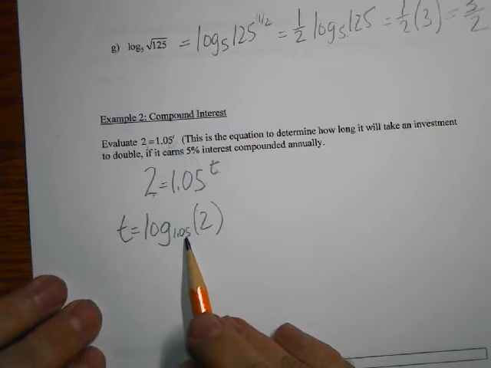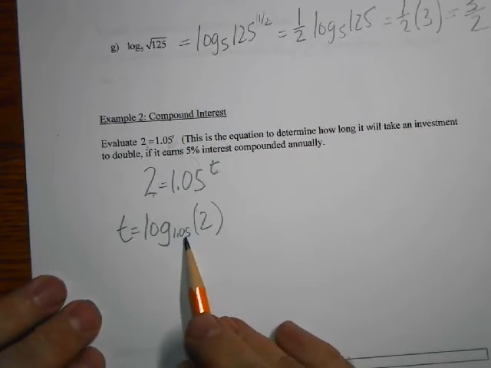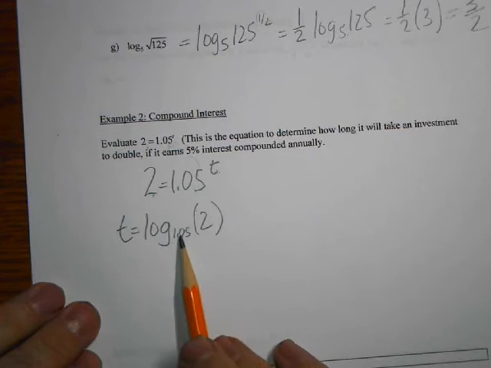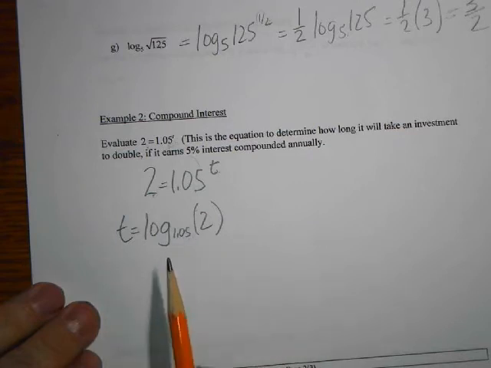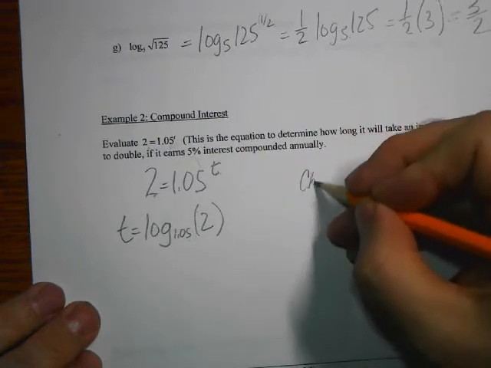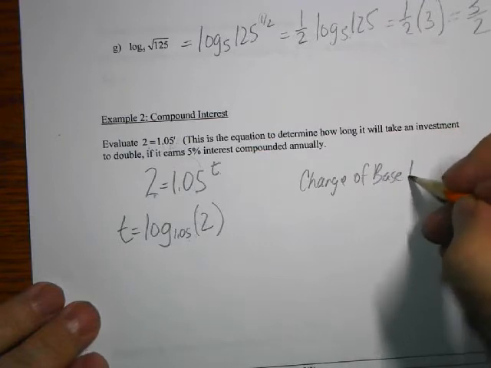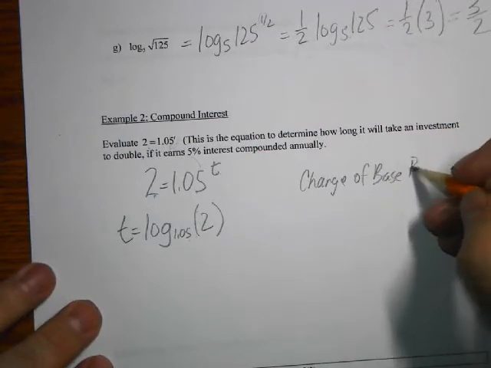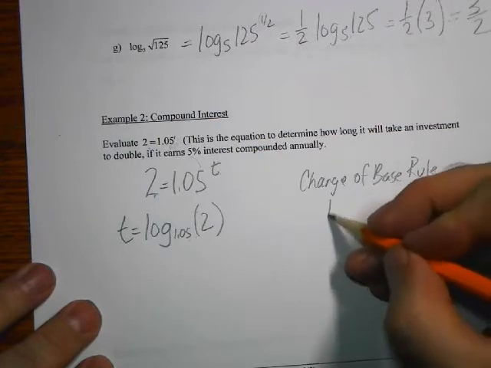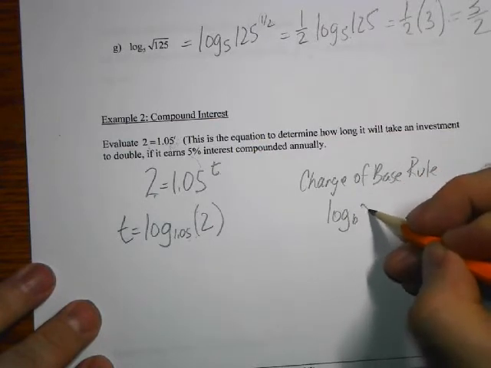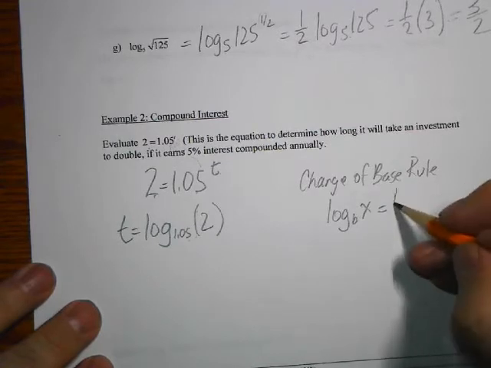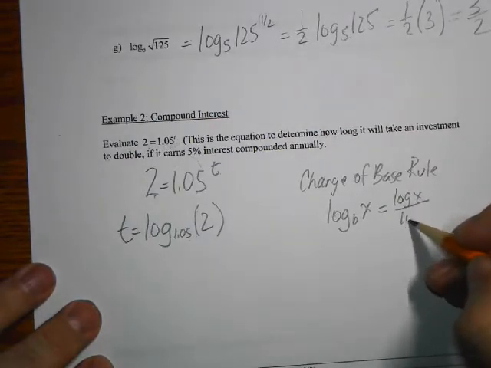So this would be next to impossible to evaluate by hand or even using a calculator. Because there's no button that has base 1.05, we're going to use the change of base rule. Log base b of x is equal to log of x over log of b.